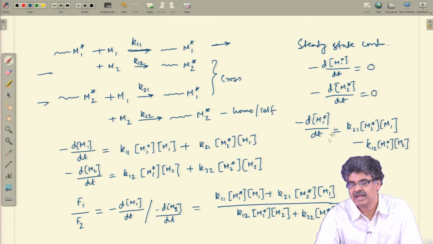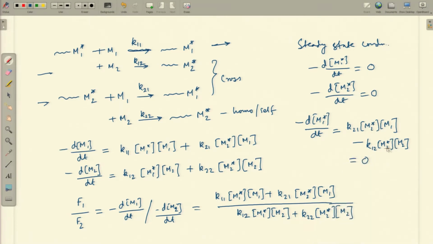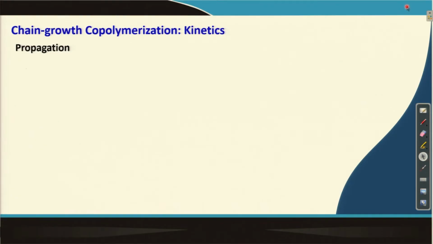Applying the steady state approximation, we can put this as 0, and from there we can express one quantity in terms of the other quantities, and then put that value here to get the final form of F1 by F2, which I am showing on the next page.